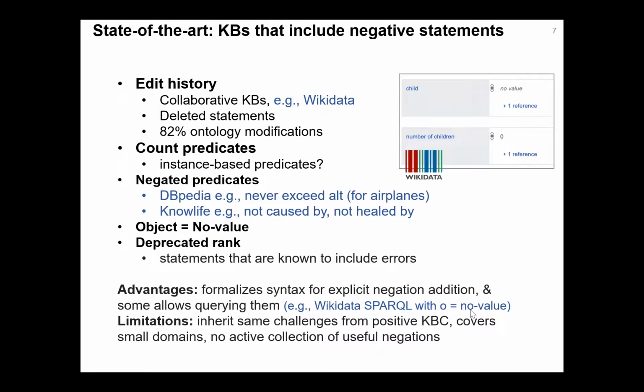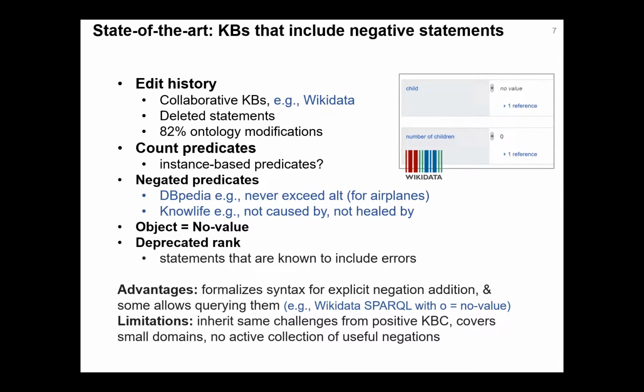So you say, give me entities that have no children, and in this case you wouldn't get statements that are unknown, only those assigned to no value, and that's the advantage of negation in knowledge bases.